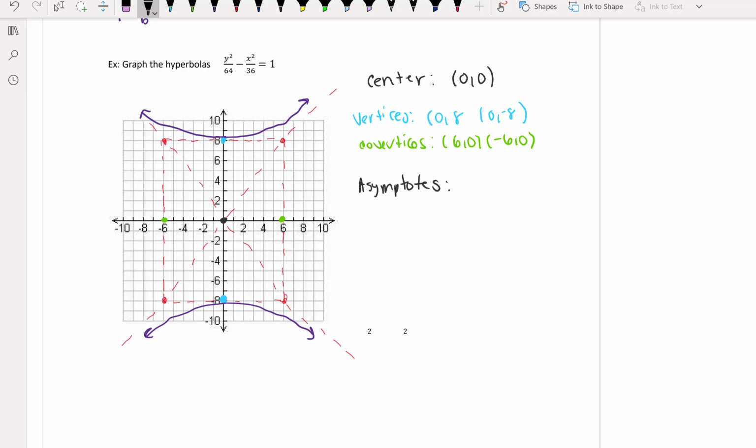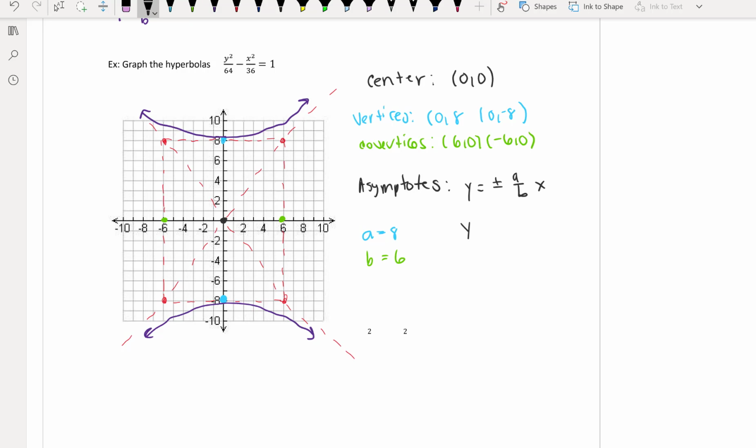So the general equation for the asymptotes is going to be y is equal to plus or minus a over b x. Okay? So here, let's figure out what my a and my b is going to be. So here, my a value is equal to 8. And I have that my b value is equal to 6.